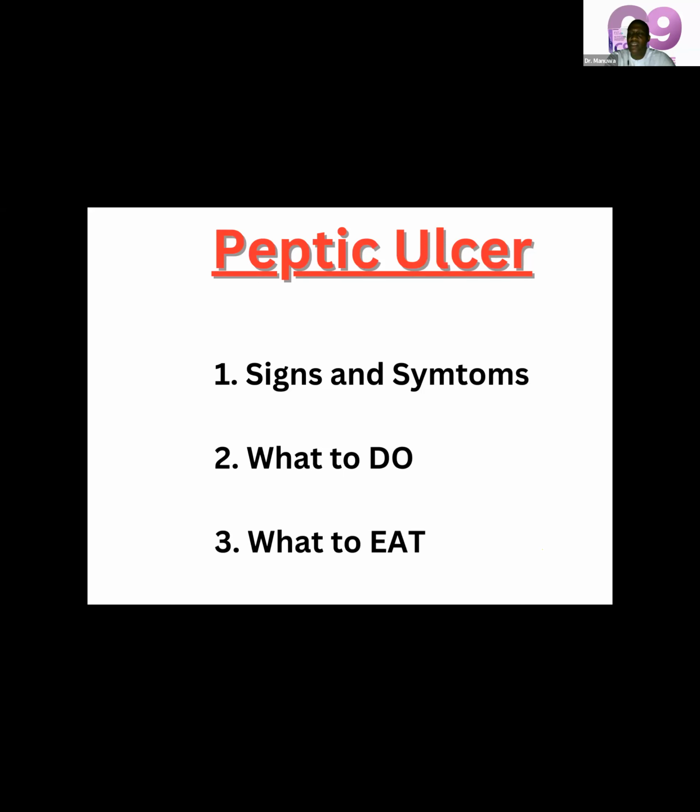And the third one is some people, when they take a sour food, it also aggravates the pain. So you avoid your aggravating factors. Caffeine also aggravates ulcer pains in many people. So you avoid caffeinated drinks, so that you will avoid the aggravating factors.